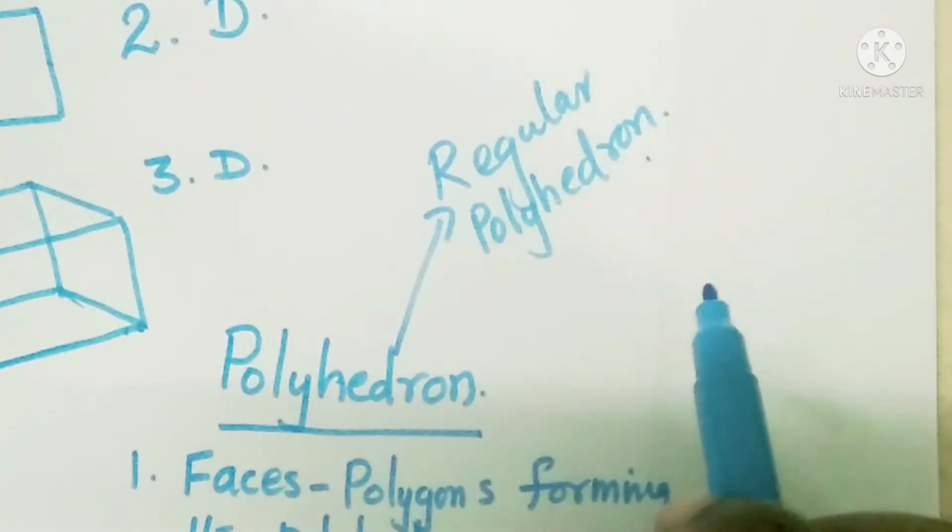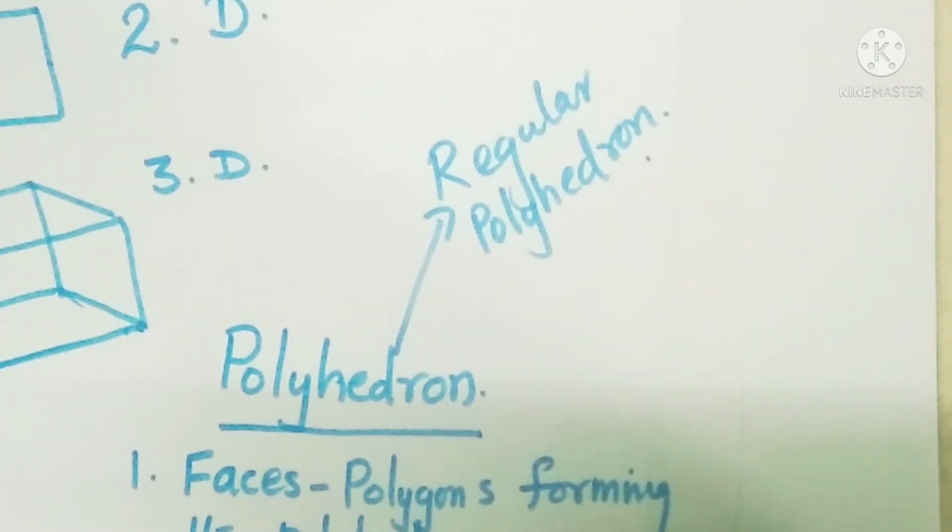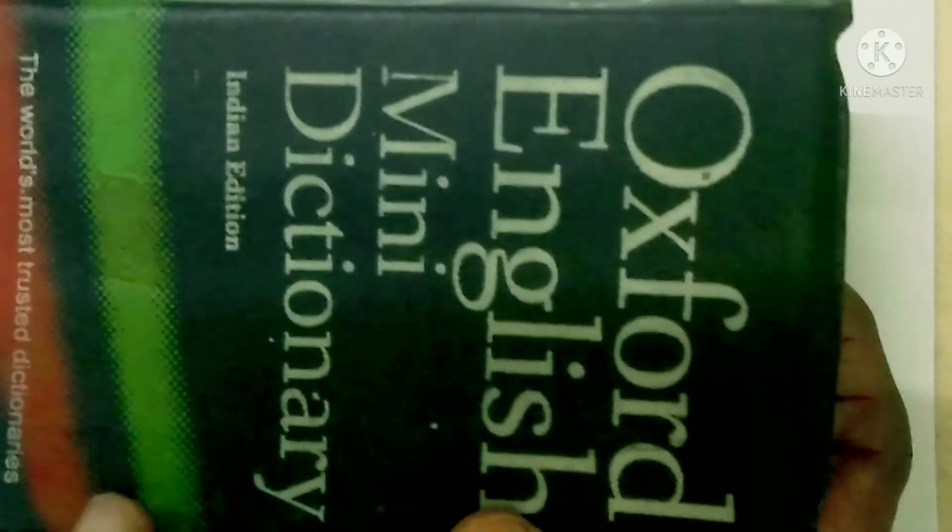Now, cuboid, can you consider cuboid as a regular polyhedron? No, because the faces are not of same shape. Some faces will be longer. You see here, if I take this figure, you have seen this is a cuboid. This rectangle is bigger than this and this is bigger than this. This will not do.